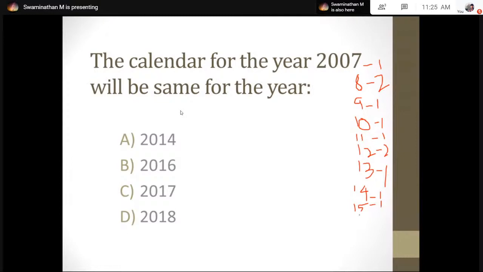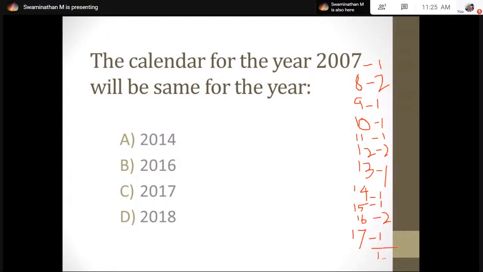2015, again 1 odd day. 2016, 2 odd days. So so far 3, 4, 5, 6, 8, 10, 11, 13. Okay, 2017 I'm getting 14 odd days, which means 0 odd days.